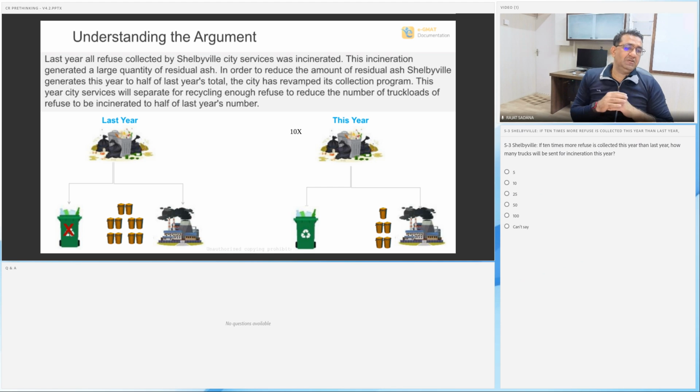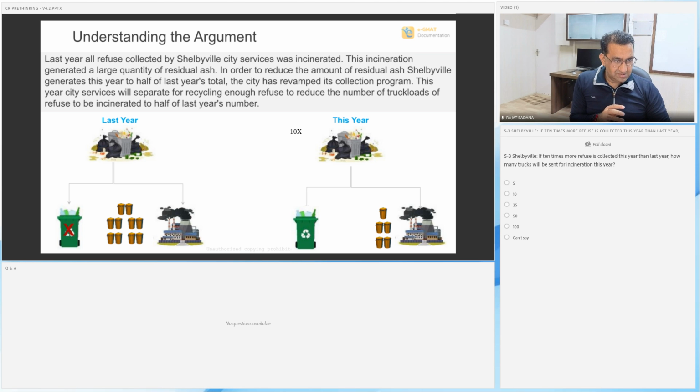If 10 times as much refuse, not more, if 10 times as much refuse is collected this year than was collected last year, how many trash cans will be sent for incineration? The answer is in the argument. 5, 4, 3, 2, and 1.